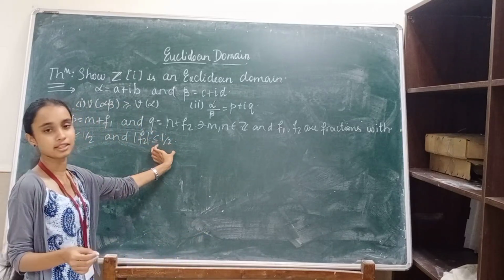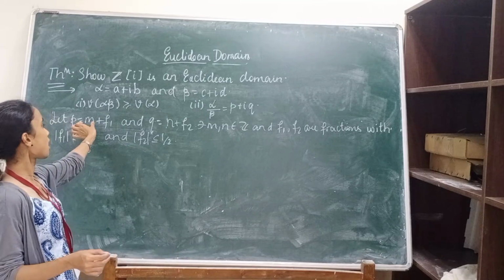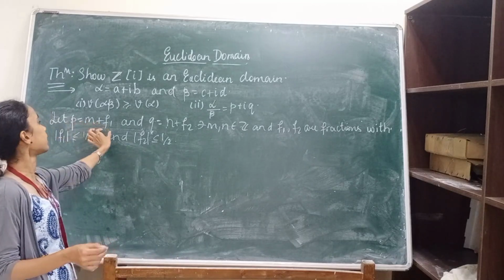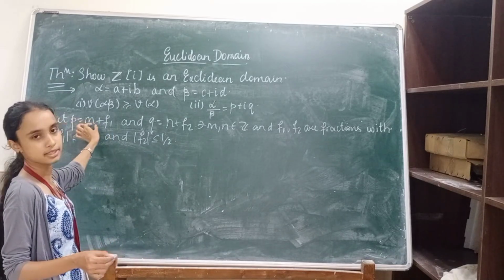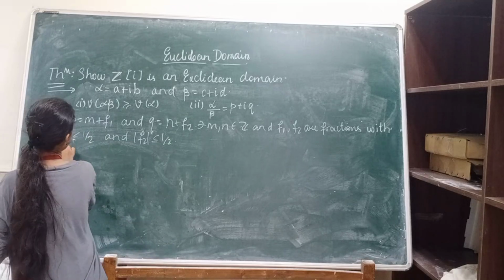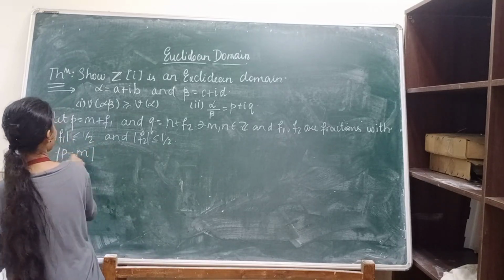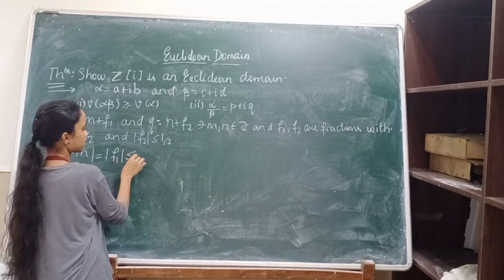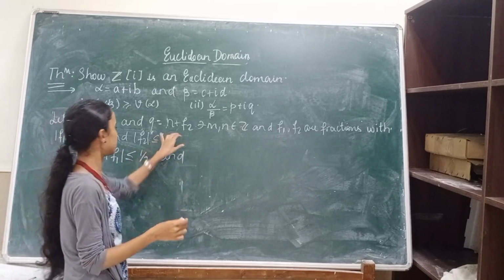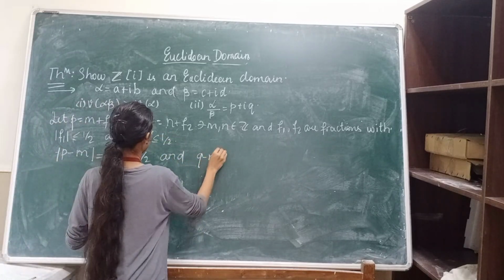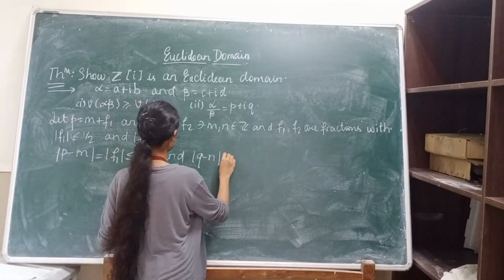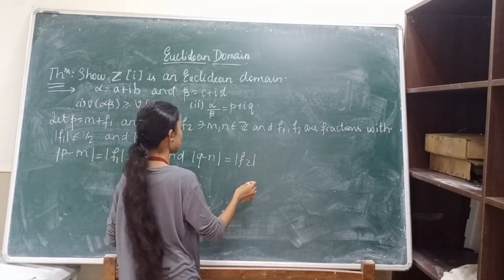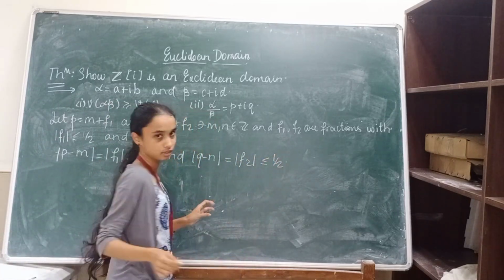Now this mod is less than or equal to half. So if we shift M on this side, then F1 is equal to P minus M. So this implies that mod of P minus M, which is equal to mod of F1, is also less than or equal to half. And similarly, mod of Q minus N, which is equal to mod of F2, is less than or equal to half.